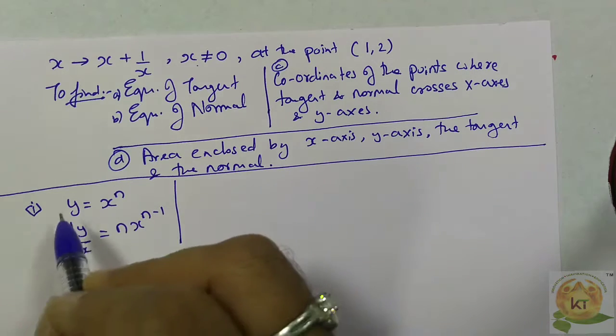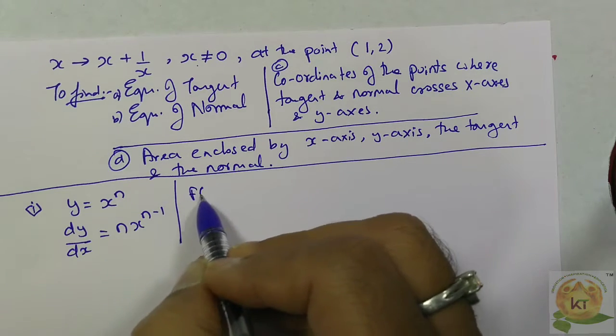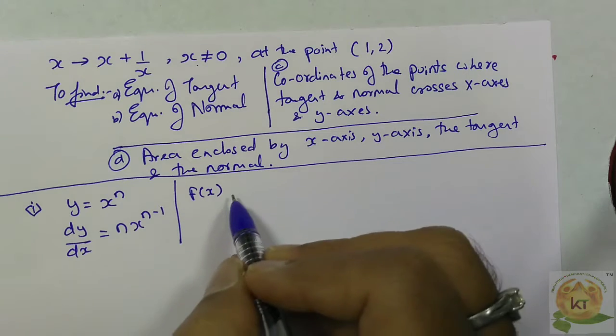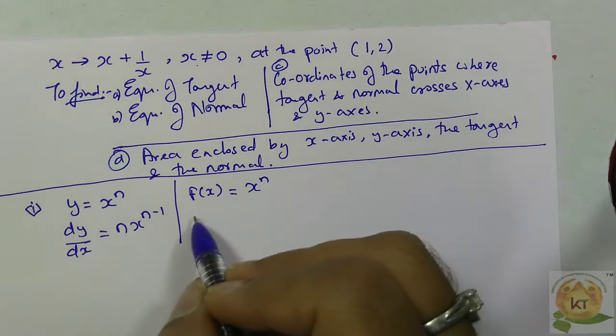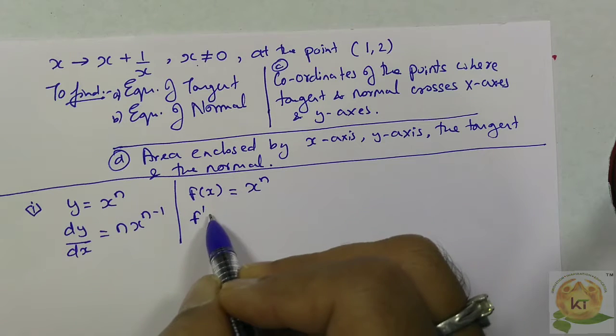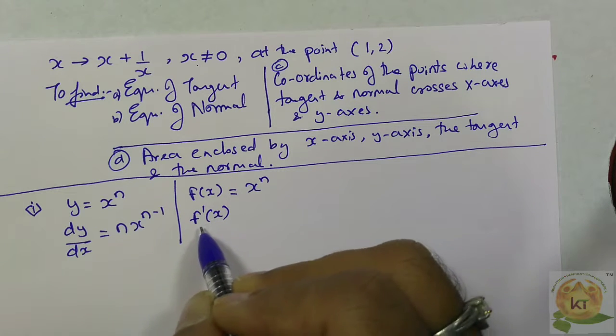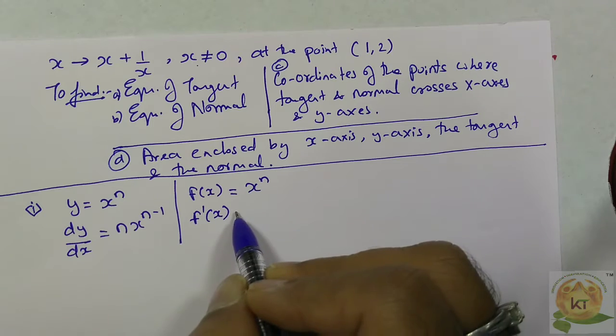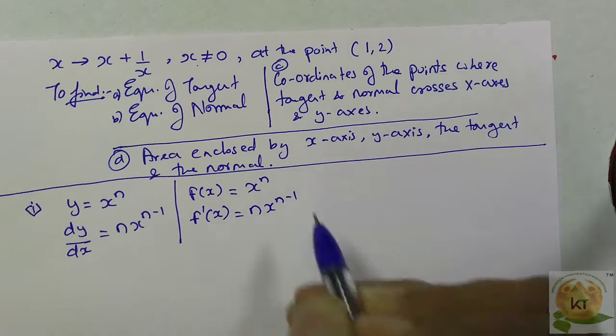In other words, I can also represent this y as a function of x, that's f of x is equal to x to the power of n. So dy by dx can be represented, using this notation, as f dash of x is equal to n x to the power of n minus 1.